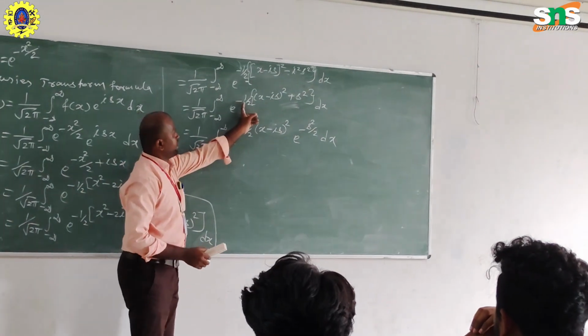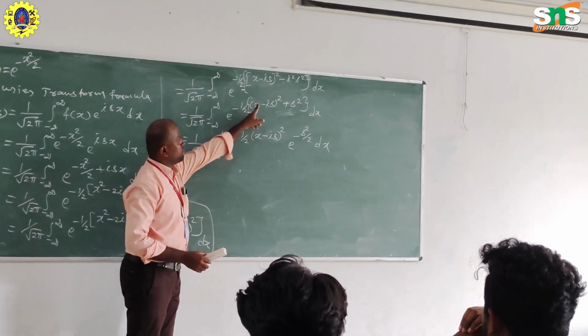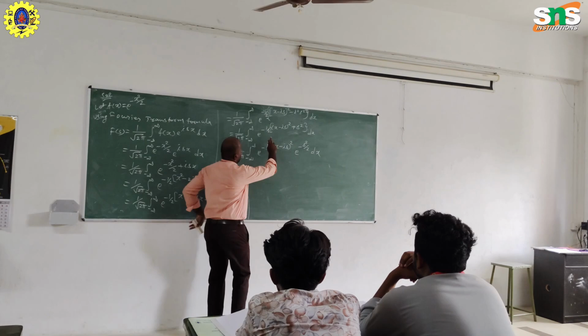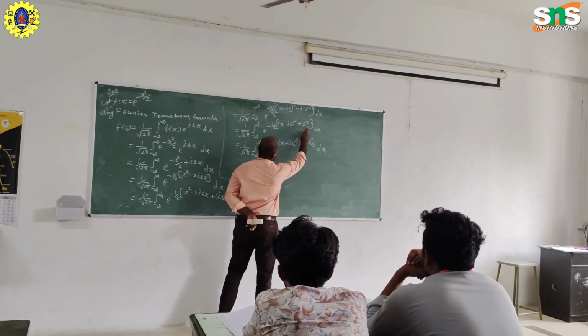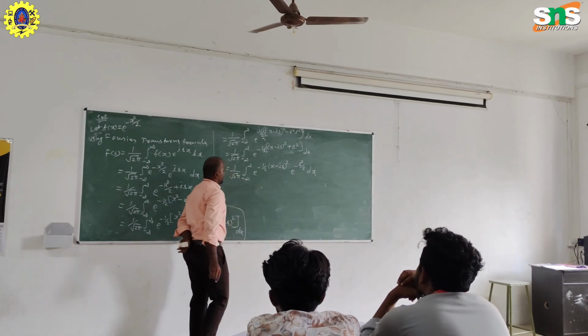Split up: multiply the minus 1 by 2 into x minus is the whole square, and minus 1 by 2 into s square is minus s square by 2.